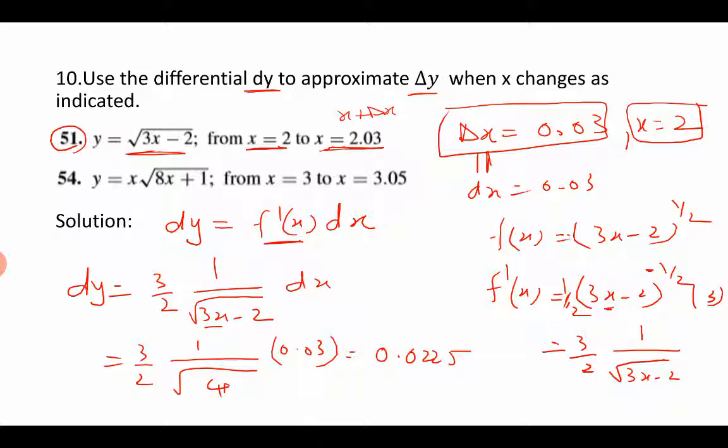So this is our change in y. So del y, we are using dy to find del y. Del y is approximately dy, which is 0.0225. That's the end of this chapter 3.5, and now we will see 3.6 in the next video.